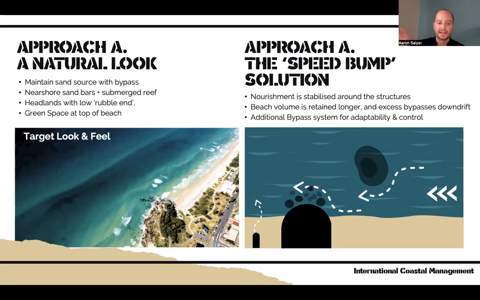It's really allowing that natural sand flow and movement to go up and down the coast, but when you put these speed bump elements into the mix here in Oceanside, they slow down that process, which is going to slow down the sand movement and retain sand for a longer period of time.